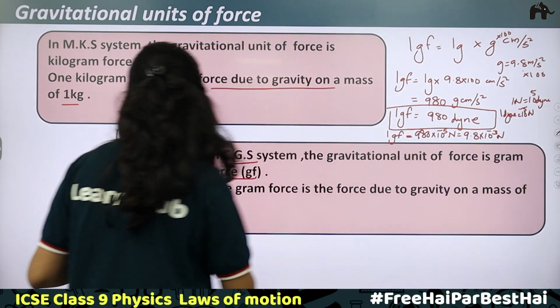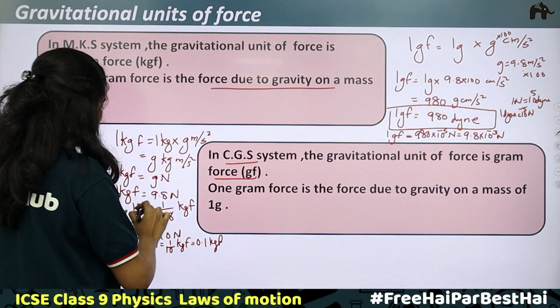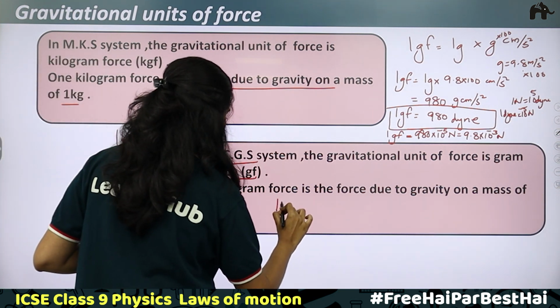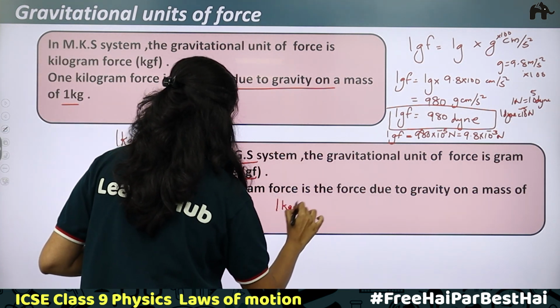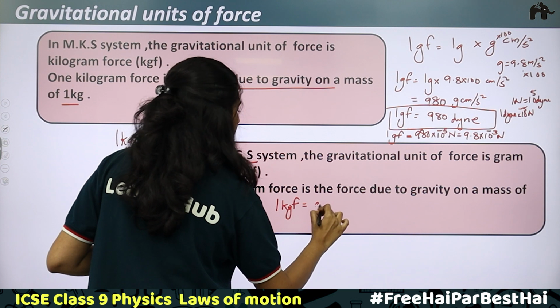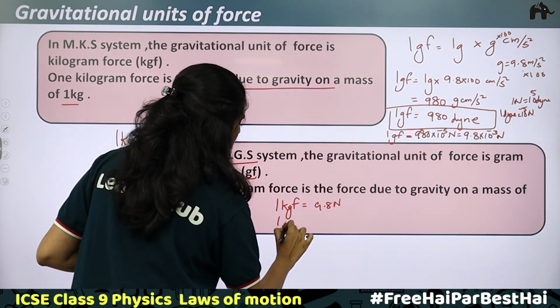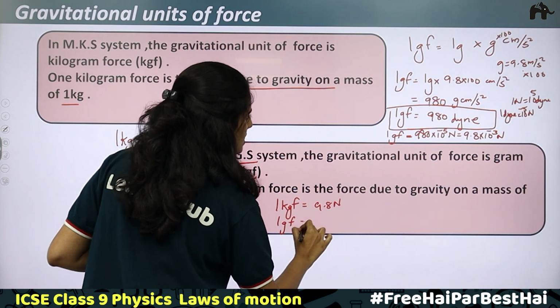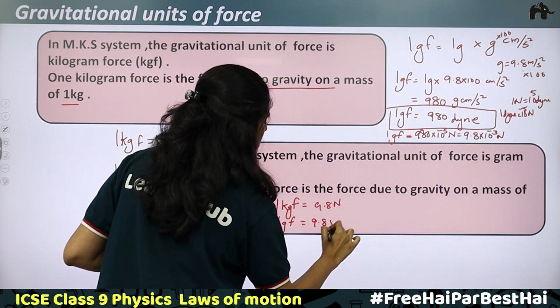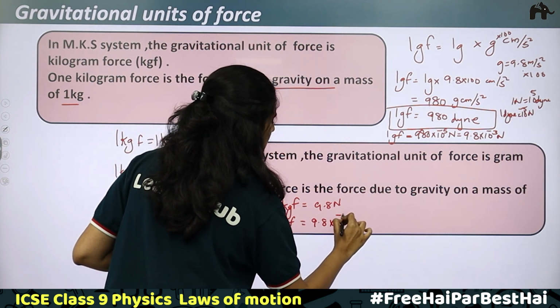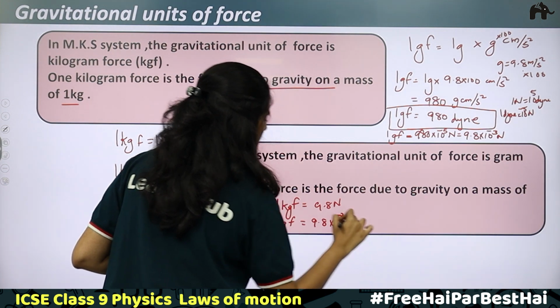Okay, so we have the relations. 1 kilogram force is equal to 9.8 Newton, and 1 gram force is equal to 9.8 into 10 raised to minus 3 Newton.